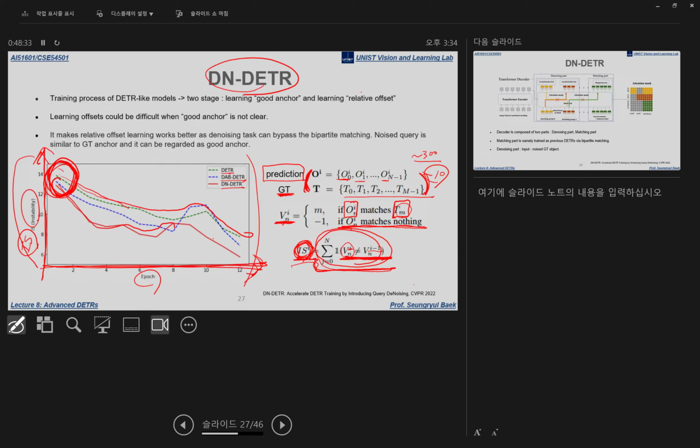So DN-DETR is proposing a scheme, called the denoising scheme, to quickly stabilize these unstable matches. That's the motivation of this DN-DETR.